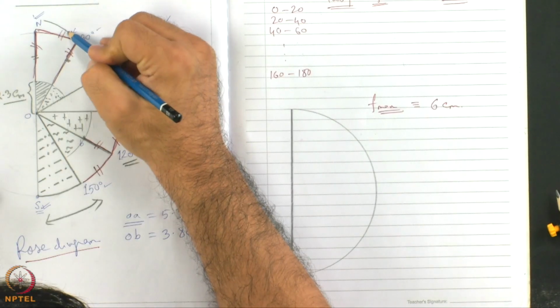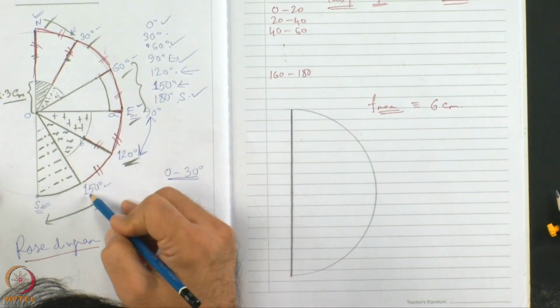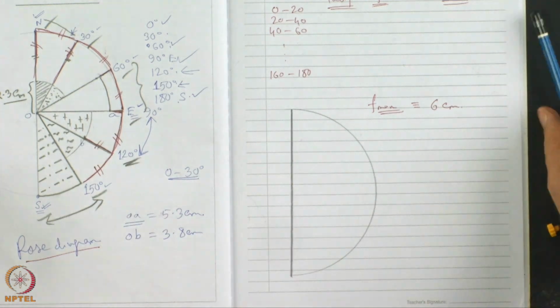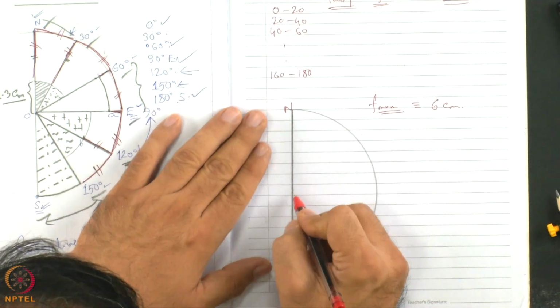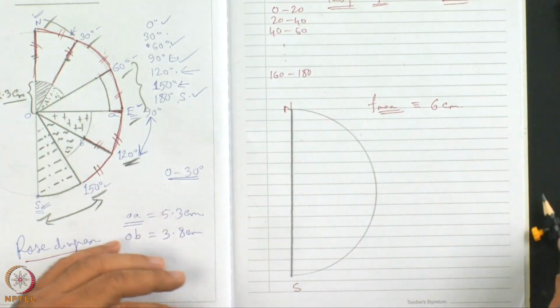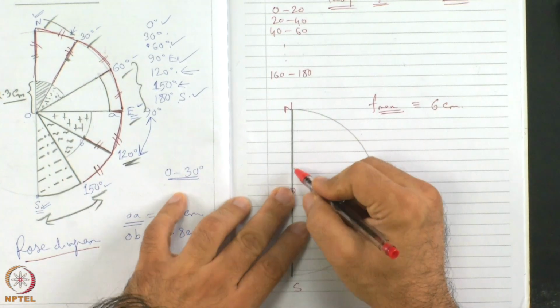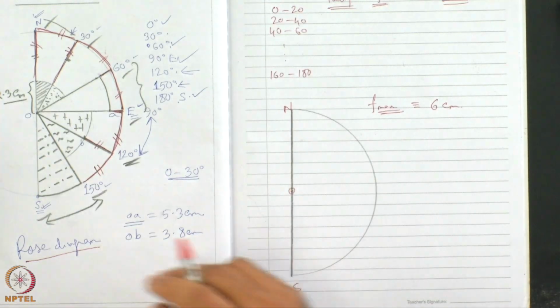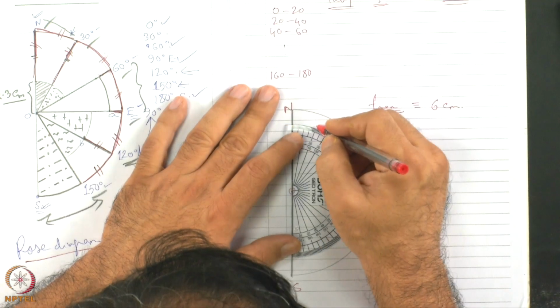Earlier we took 0 to 30 degree range, so we plotted north, 30, 60, east, 120, 150 and south. In this case, it will become north, south, then from the center 20 degree angle. So, instead of drawing from north 30 degree angle, I have to draw 20 degree angle. Let us do for a few of the numbers.